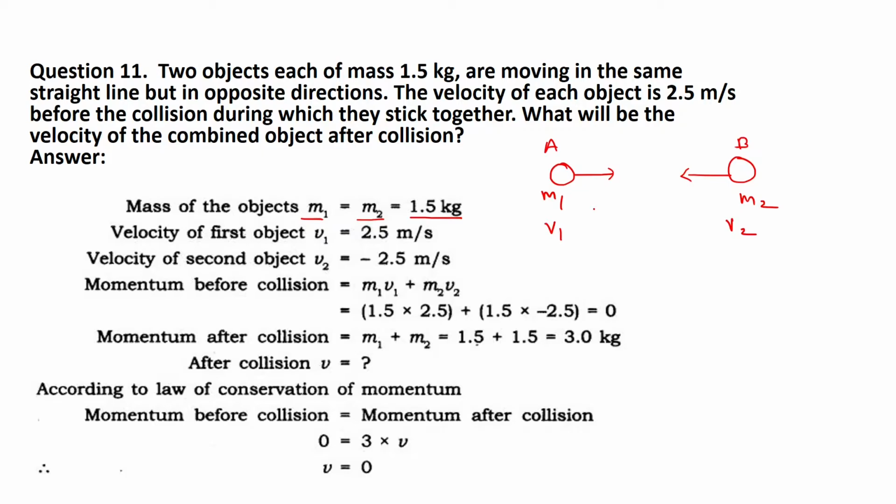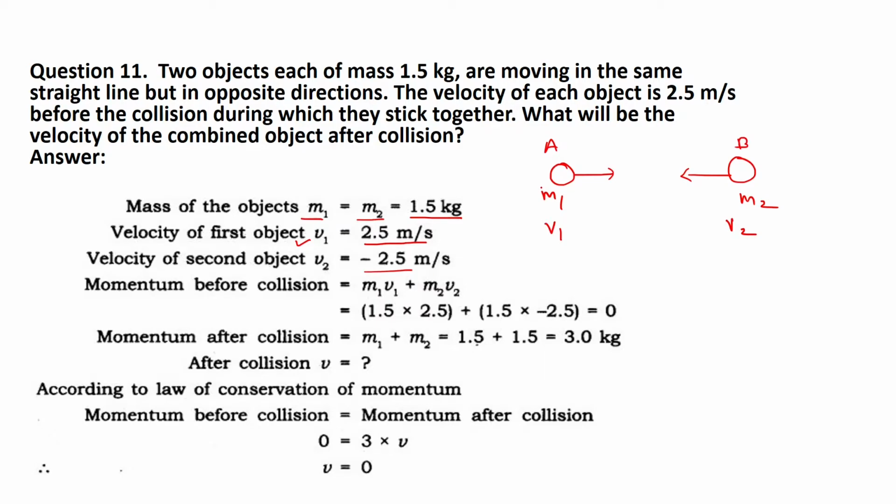So we will give v1 equal to 2.5 meter per second and v2 will be minus 2.5 meter per second. We can take any one negative because these two objects are in a straight line but in opposite direction. If they are moving in opposite direction, then we have to take one of the velocities in negative sign.